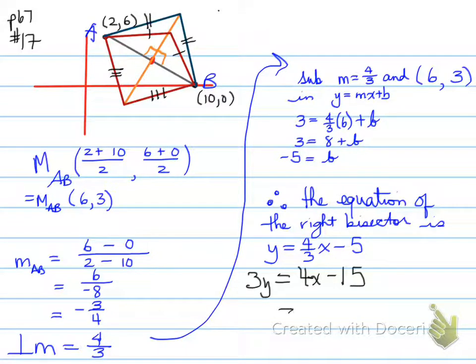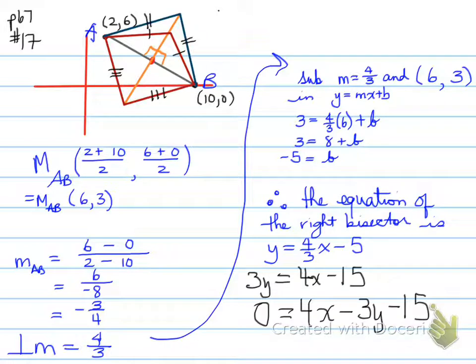Once we do that, we move everything to the side where the x is positive, which means moving everything to the right side. We get 4x minus 3y minus 15 equals 0, and that will be our equation in standard form. No fractions, and the value of x is positive.